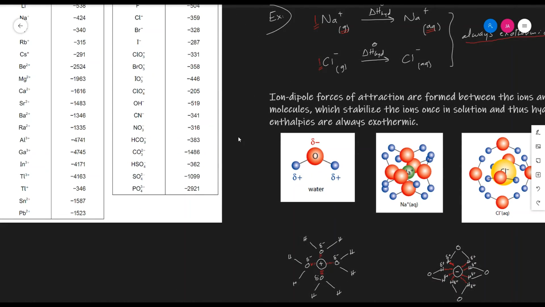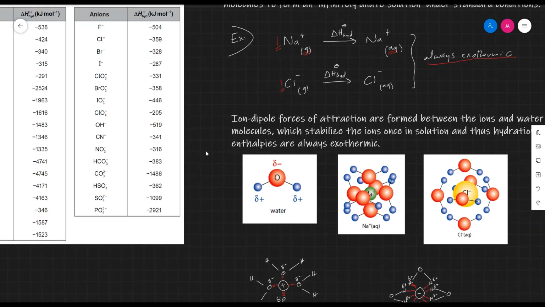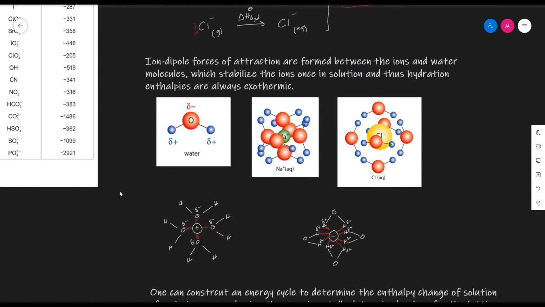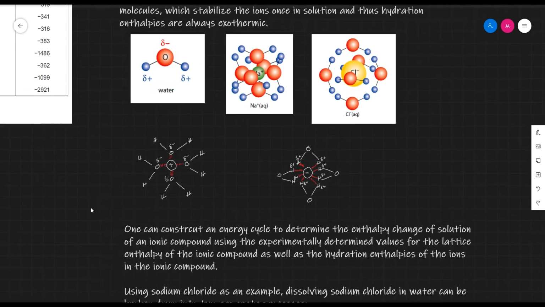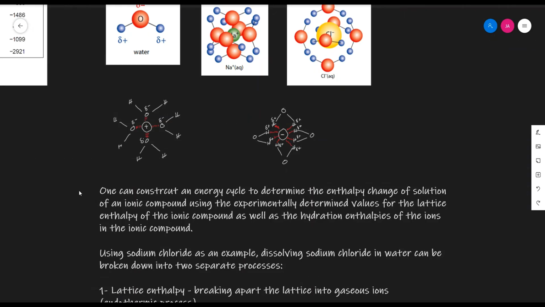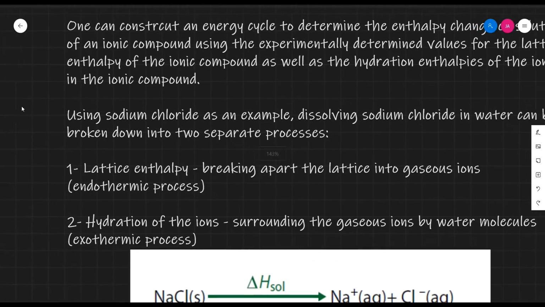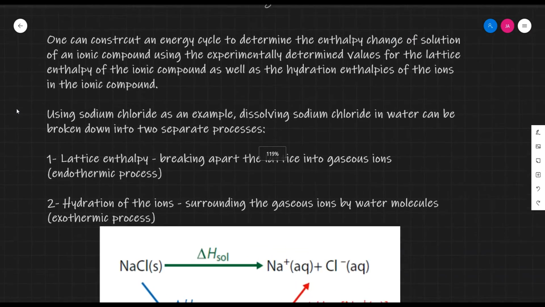We can use definitions that we learned, such as the enthalpy change of solution, as well as the enthalpy change of hydration of gaseous ions, as well as lattice enthalpies that we covered in subtopic 5.4, to construct a cycle to calculate the enthalpy changes of solution of many different solutes, ionic solutes to be more specific.